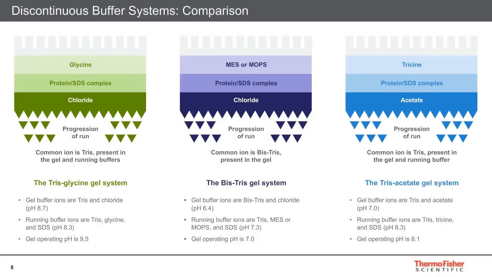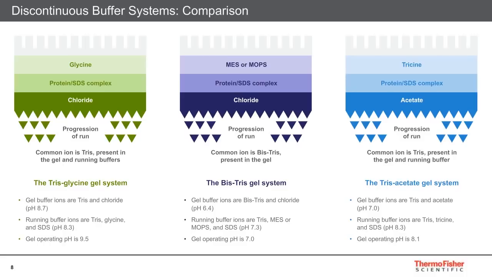The Bis-Tris system includes Bis-Tris and chloride ions in the gel buffer, which has a pH of 6.4. The running buffer ions are tris, MES or MOPS, and the ionic detergent SDS with a pH of 7.3. Now, importantly, the gel operating pH of Bis-Tris is 7, which is a neutral gel operating environment.